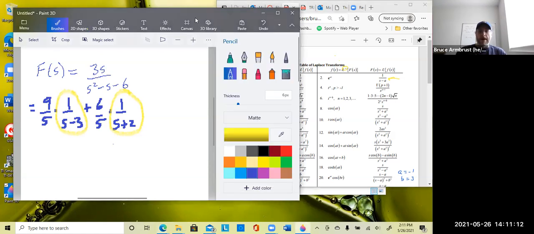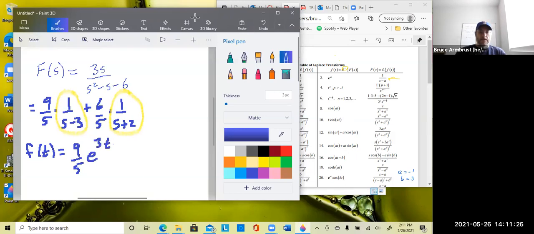All right, so we'll come back over here. And so this tells me that f of t, the function that we started with for our Laplace transform, is going to be 9/5 e to the 3t plus 6/5 e to the minus 2t.